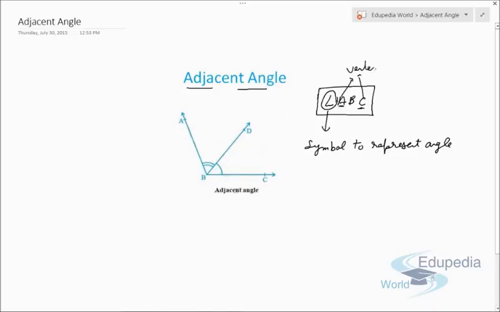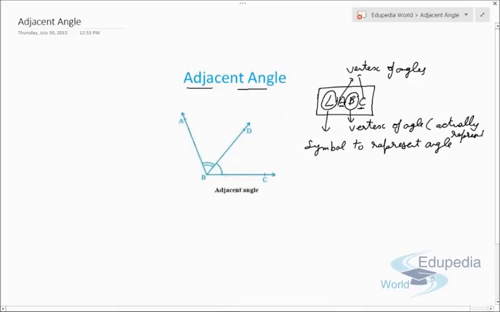The middle point, like B over here, is the vertex of the angle, meaning it actually represents the angle. So you have to be very careful while writing an angle.